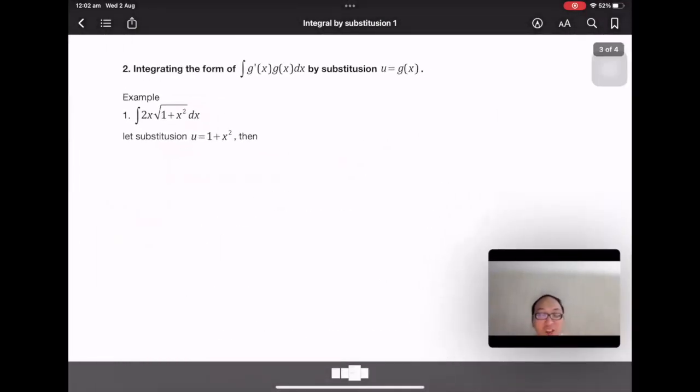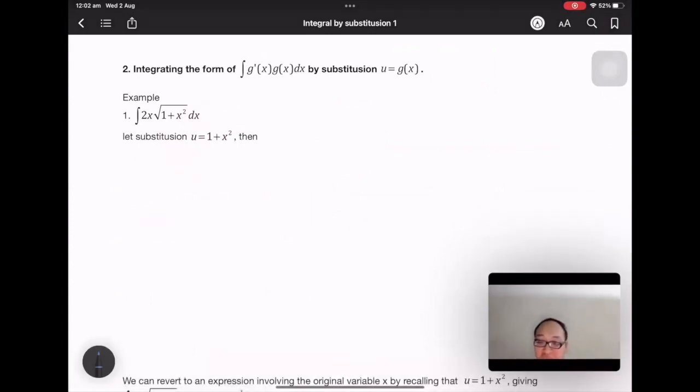The second form, integrating the form of g prime x times g x dx by substitution of u equals g x. In this form, the integrand consists of the derivative of a function. g prime x is the derivative of g x. So if we have this kind of function, we have to make the function as u, not the derivative.